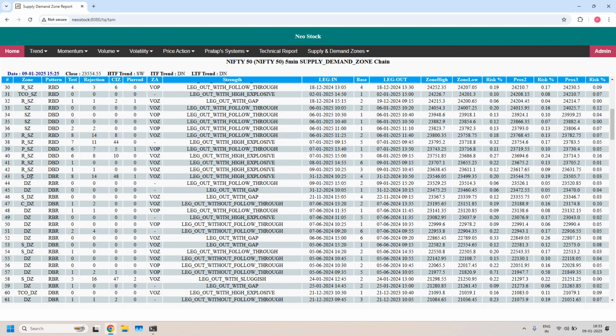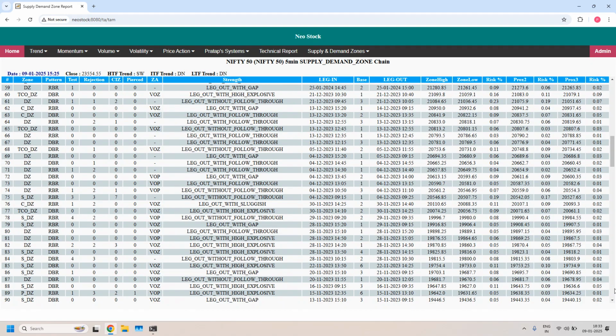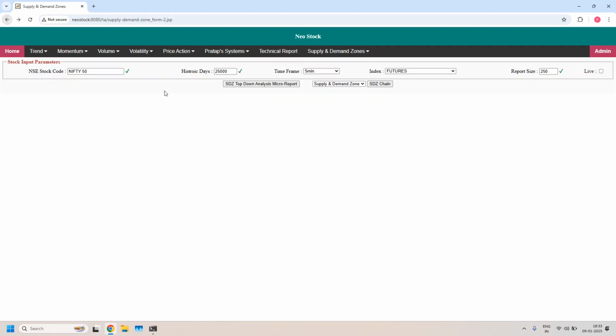So from 43 you can find the demand zones. Maybe this is good enough, this list. In case if you want more, let me further scroll the list down. So this is about Nifty supply demand zone chain. Next, Bank Nifty supply demand zone chain.